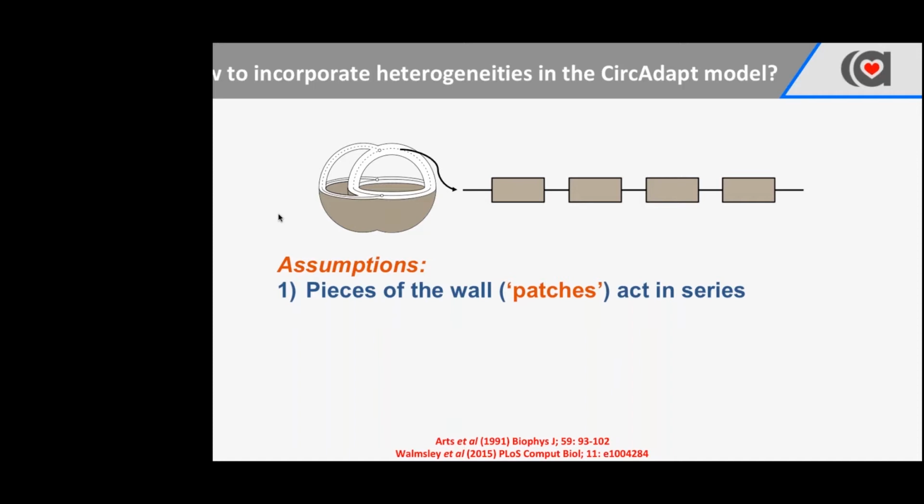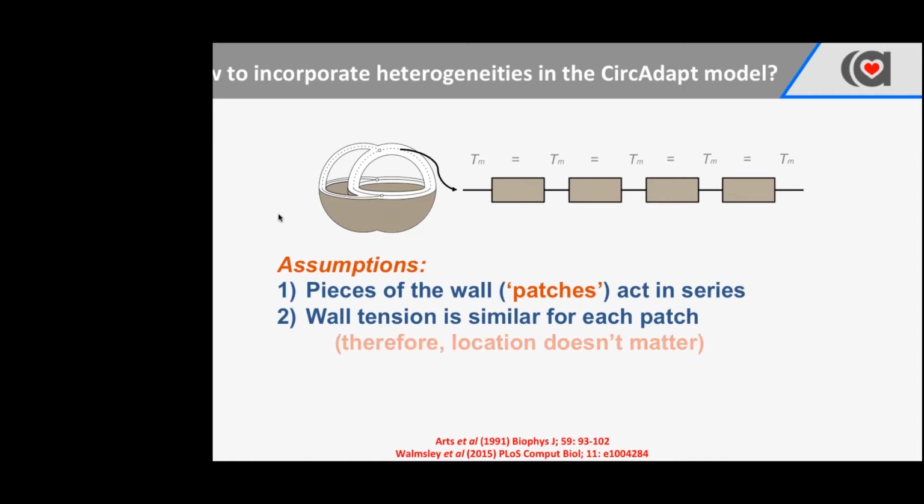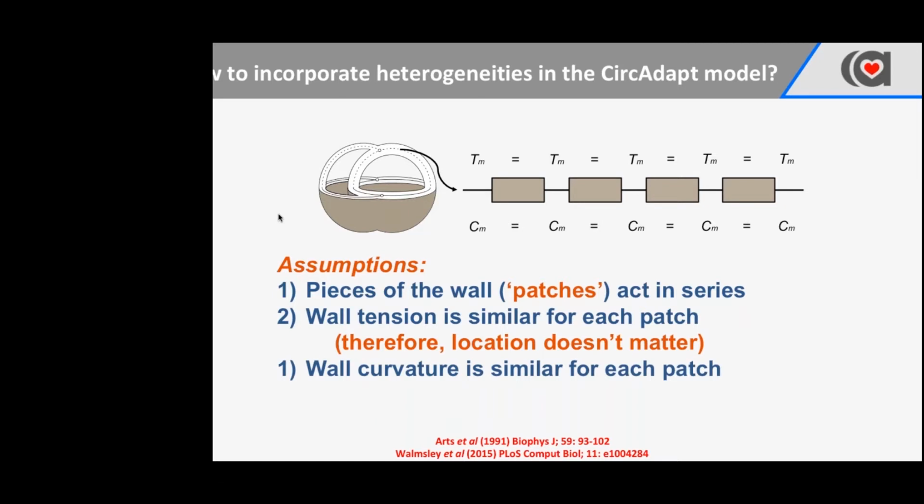Now the module is a patch. And what we assumed is that wall tension is similar for each patch. You know, they are in series, so they feel the same kind of forces wherever they are. And therefore, location of the patch doesn't matter. It doesn't matter whether an early activated patch in our model is in the beginning of the chain or at the end of the chain or just in the middle.